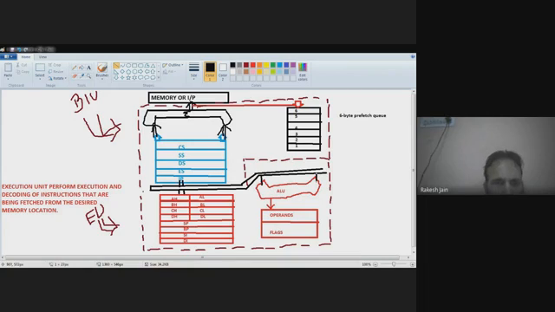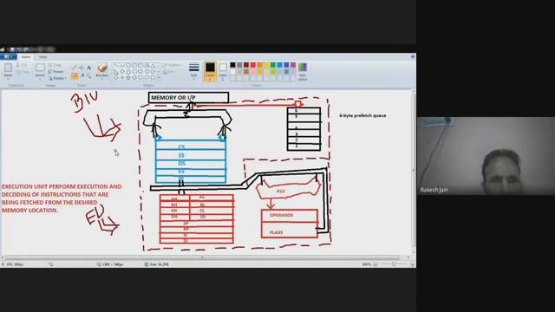They are connected, and also the flags are connected by a bidirectional bus, and the arithmetic and logic unit sends signals on this bus.